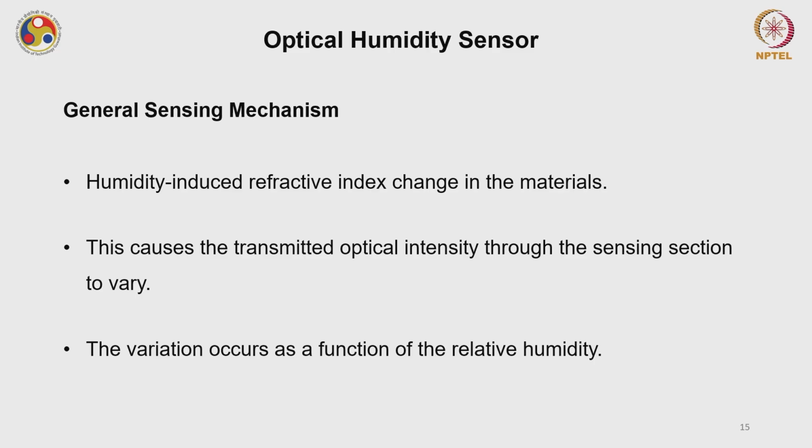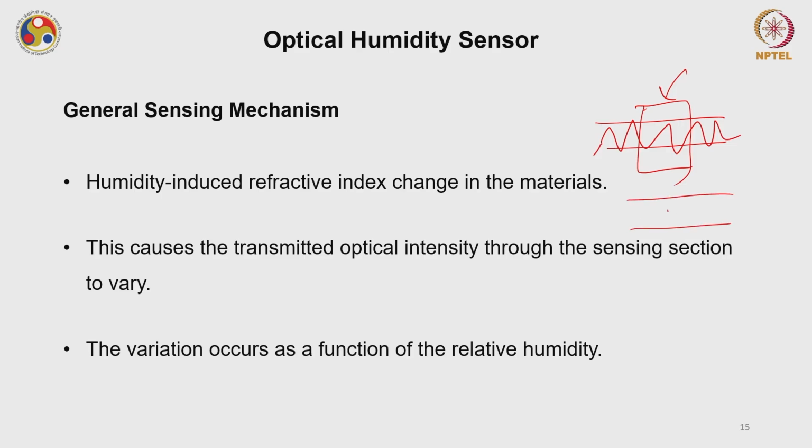This causes the transmitted optical intensity through the sensing section to vary. Say, for example, this is an optical device, and there is one material which is changing its refractive index when it comes in contact with humidity. Once the light was passing when this material was not there, or the material was there but it had not absorbed anything.